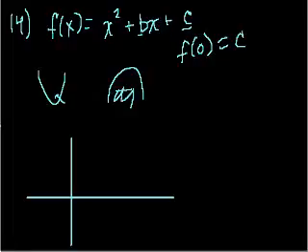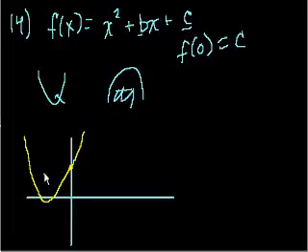So let's see if that alone allows us to solve the problem. We know the y-intercept is positive, so f of 0 is going to intersect someplace on the positive y-axis. And we know that it's an upward opening graph. So the graph could look like this. Could look like that.